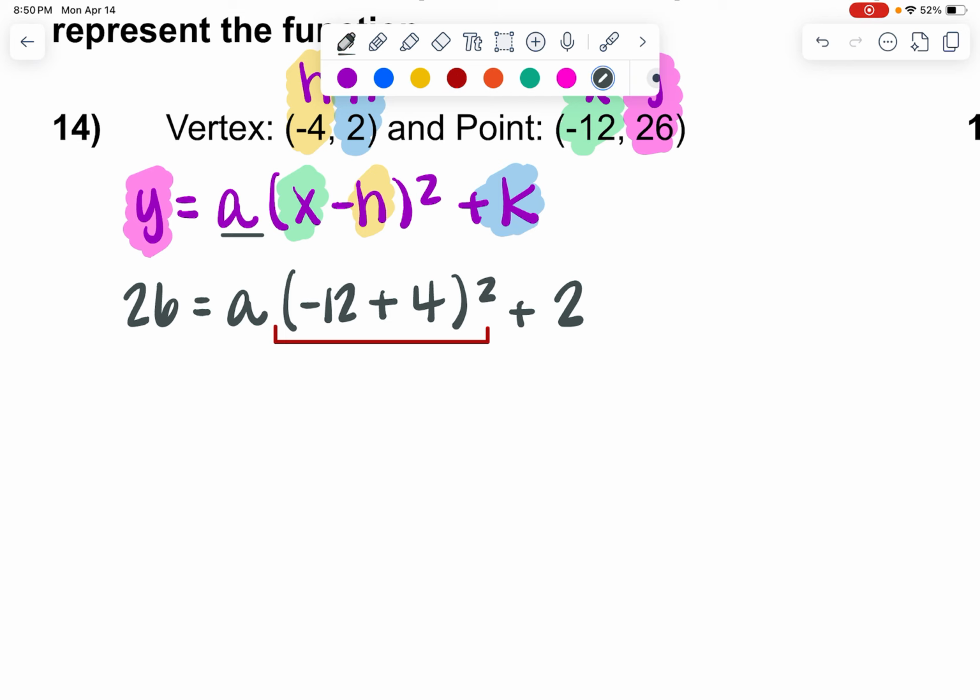We're going to take that positive 64, whatever number you get for that, and because it's a multiplier, we're going to put it in front of the a, because it sounds really weird to say a64, when what we really mean is 64a. The 64 comes from negative 8 squared, which is positive 64. Then I'm going to bring down my 26 and my plus 2.